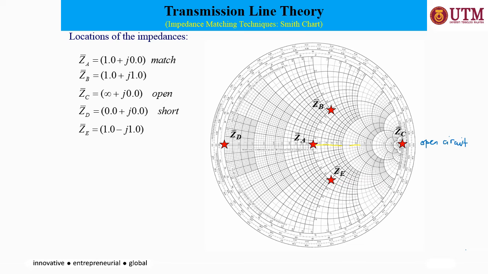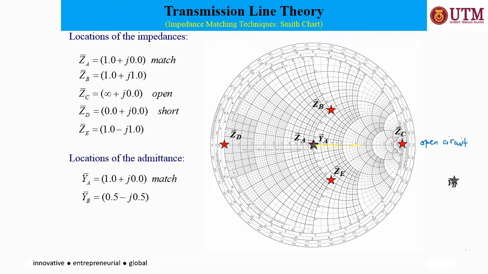And if you have a negative imaginary part or reactance, ZE, the admittance will be in the opposite position of the impedance. For the matched position, the admittance and impedance will be at the same point and it is matched. For ZB, it's here, so the admittance will be in the opposite, if you draw a line crossing the center.